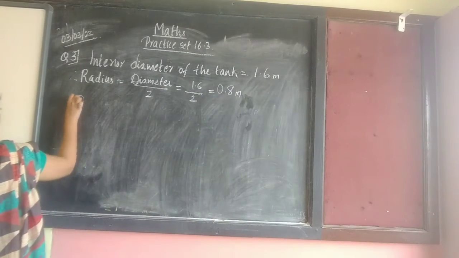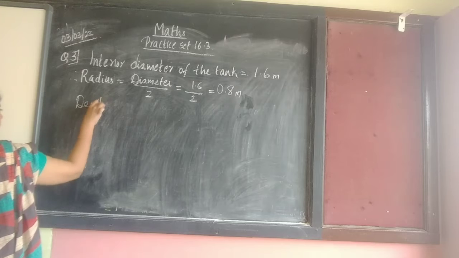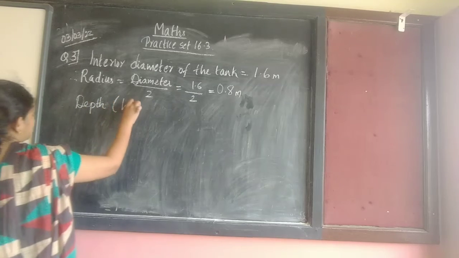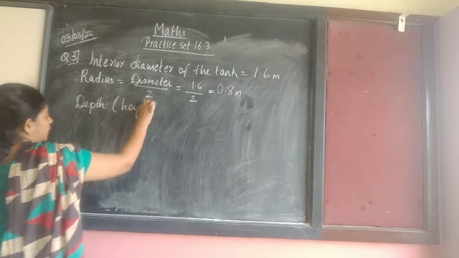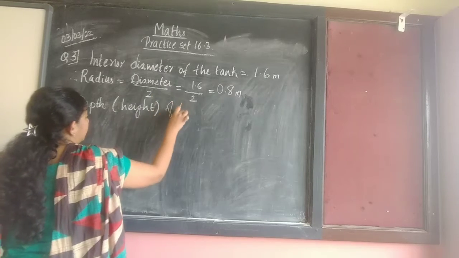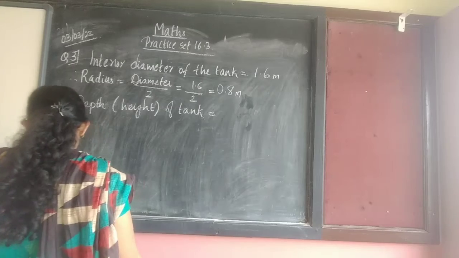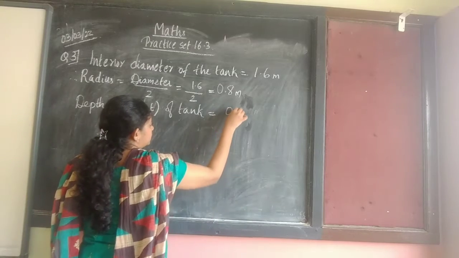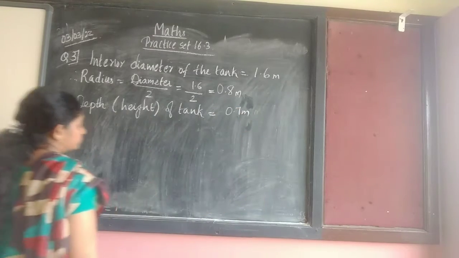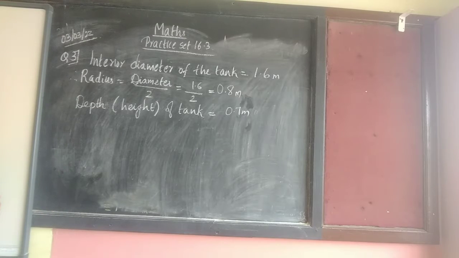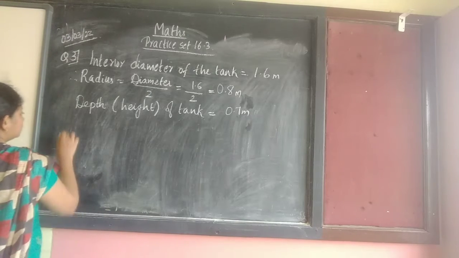Depth is given. What do you mean by depth here? It's nothing but height. In the bracket you can write height for your understanding. Depth of tank is given as 0.7 meter. Now, what has to be done further? Find the volume.